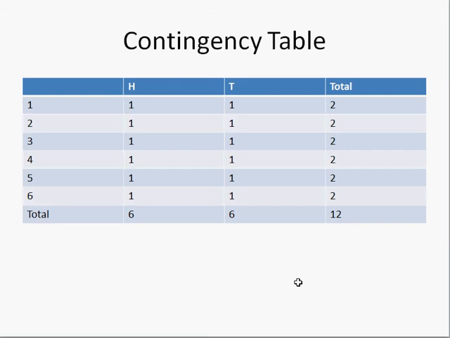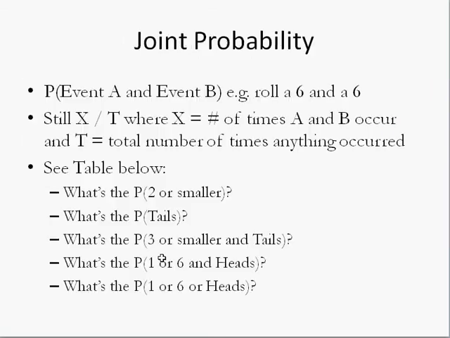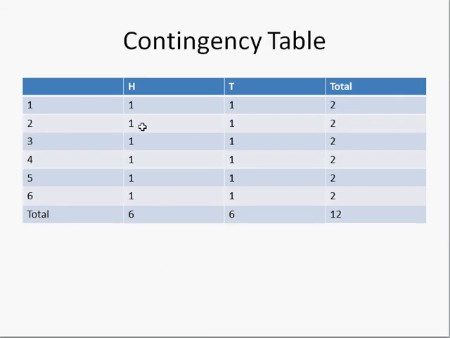1 or 6 and heads. So 1 or 6 would be these 4, but heads would be restricted to 2. 2 out of 12 or 1/6. And then 1 or 6 or heads. Right? So 1 are these 2, 6 are these 2, and heads are these 6.